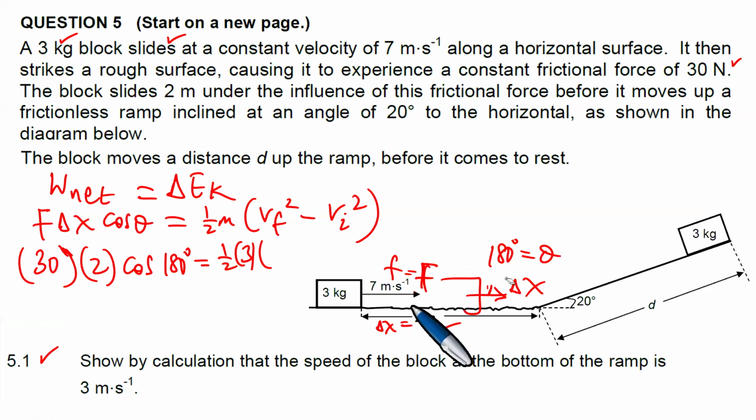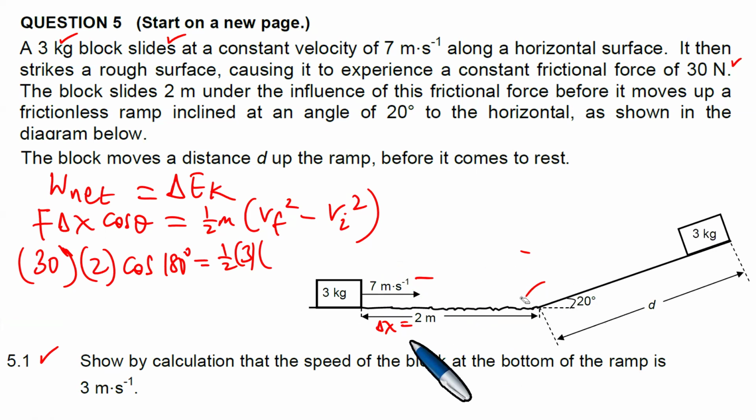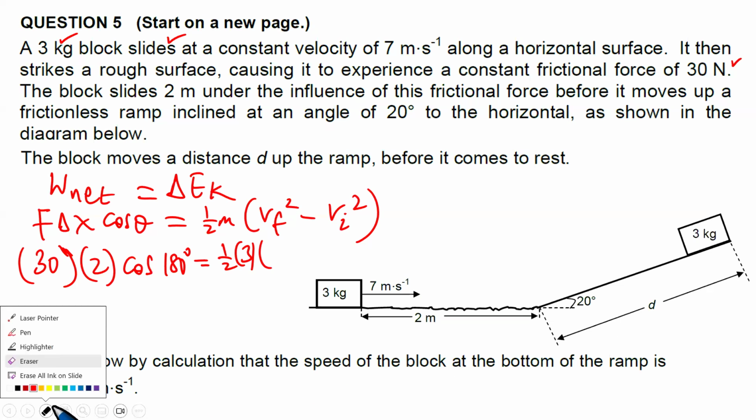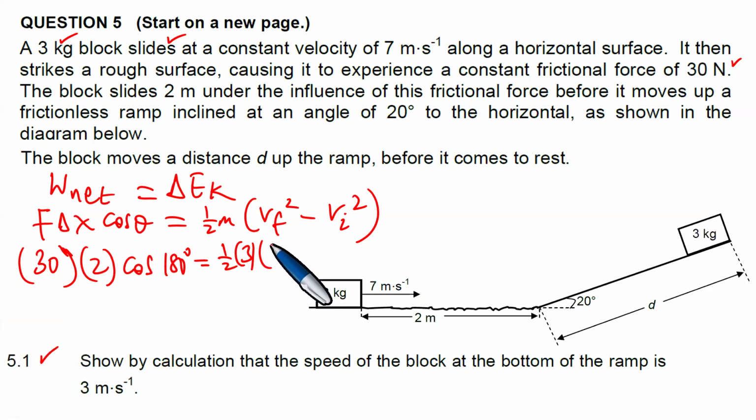Let me just clean this up. We need to show that the final velocity is 3, so we put v final. The initial velocity is v initial, and it is 7 squared.